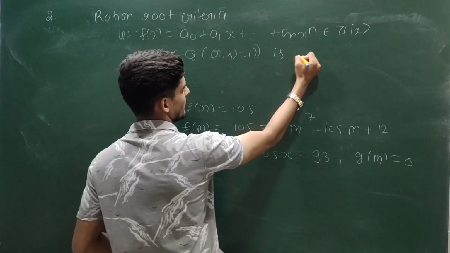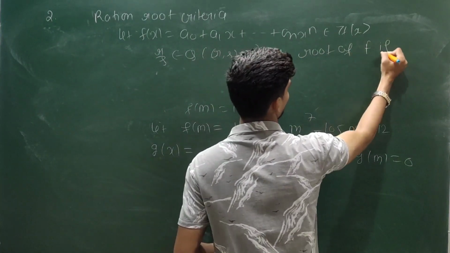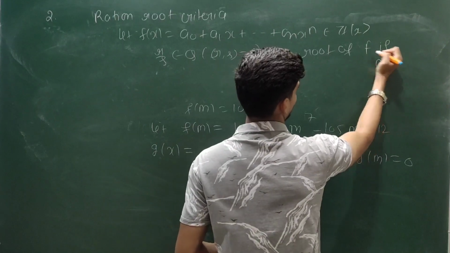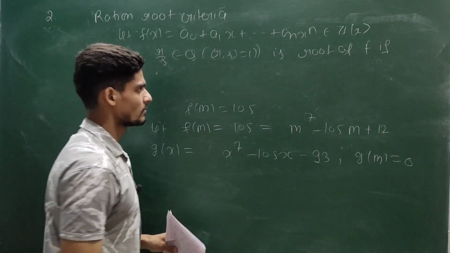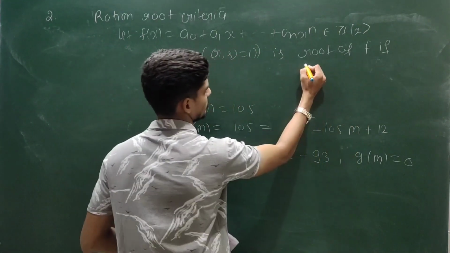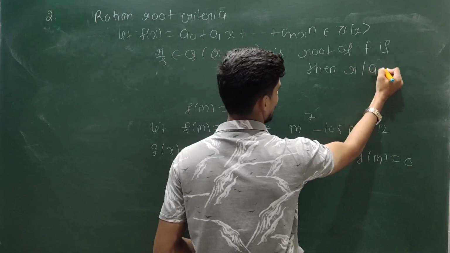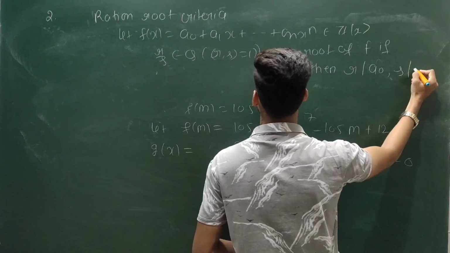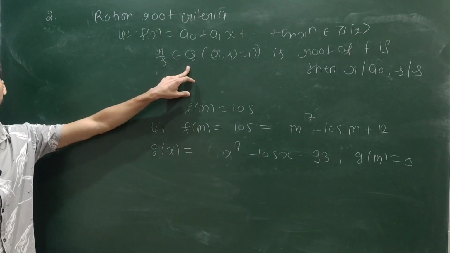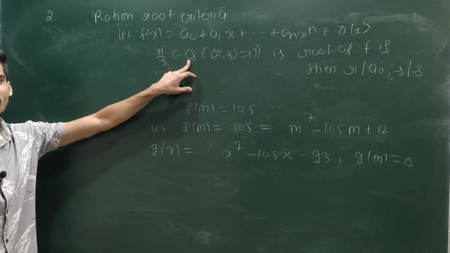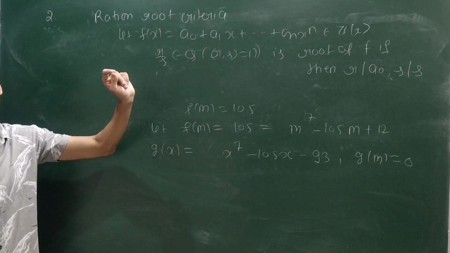This R by S is a root of f, then R should divide A0 and S should divide An. That is the restriction on this R by S to be a root. This R by S is a rational number and it is a root of a polynomial whose coefficients are coming from integers.